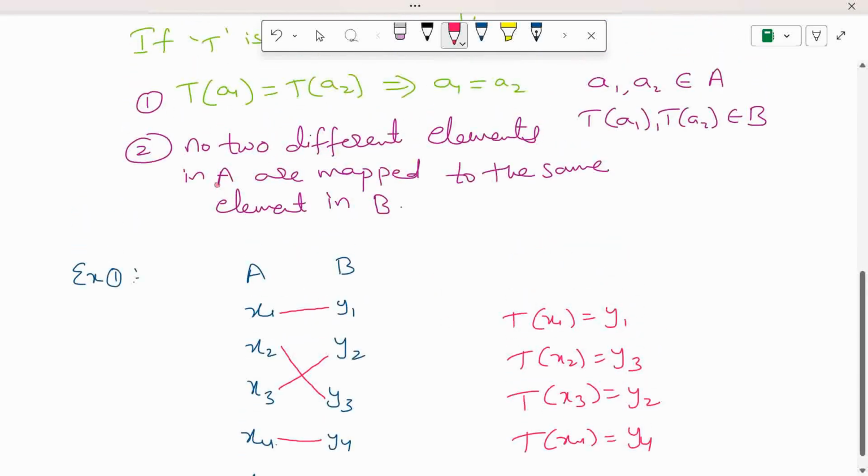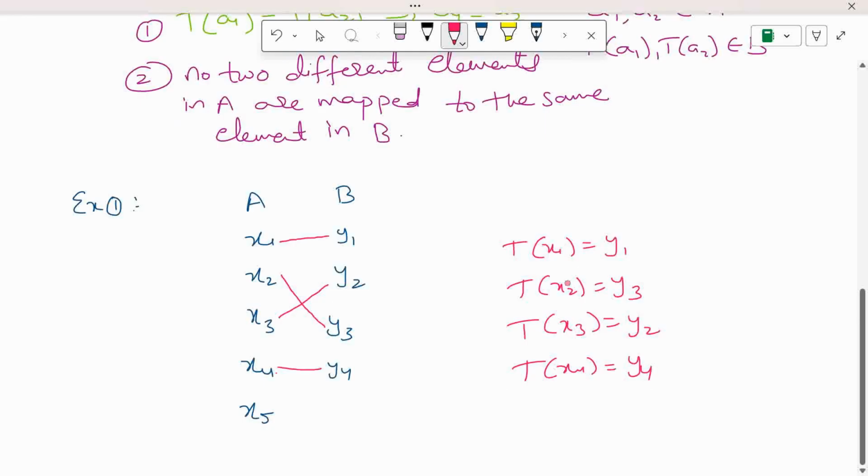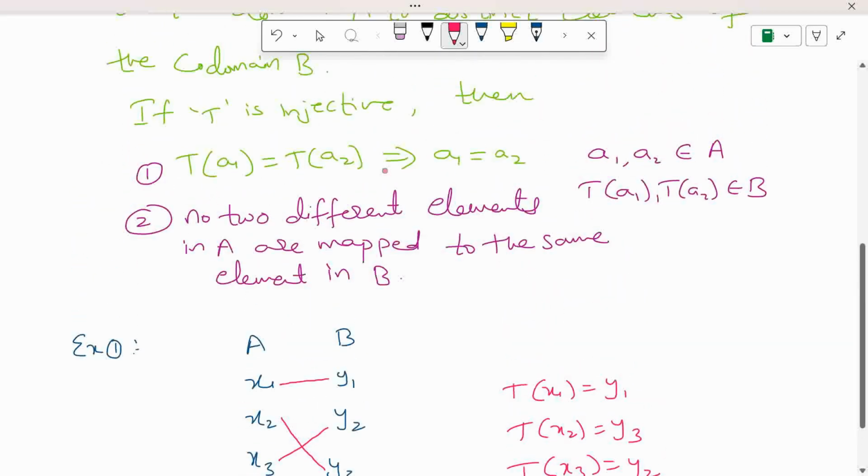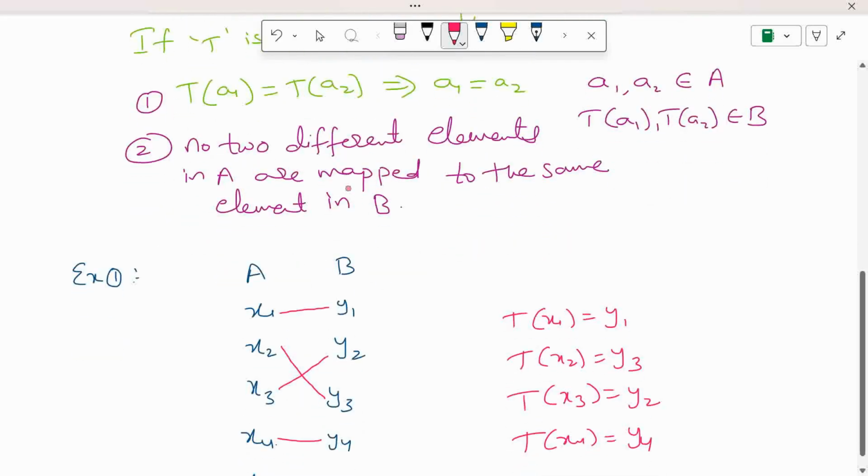So see the second condition, no two different elements in A, like no two different elements x1, x2, x3, x4 are mapped to the same element in B. So if here T of x1 equal to y1, and if T of x2 is also, for example, y1, then it would have been not injective, as it satisfies the condition 2 here and also the condition 1.